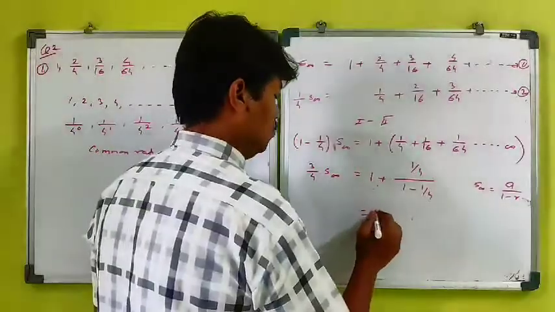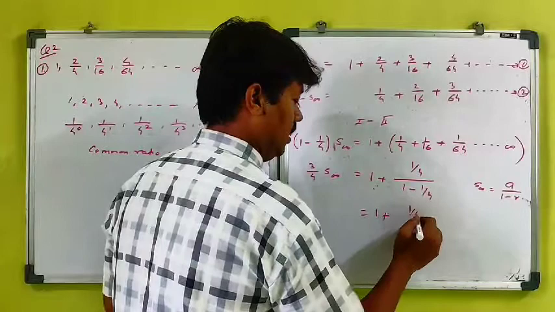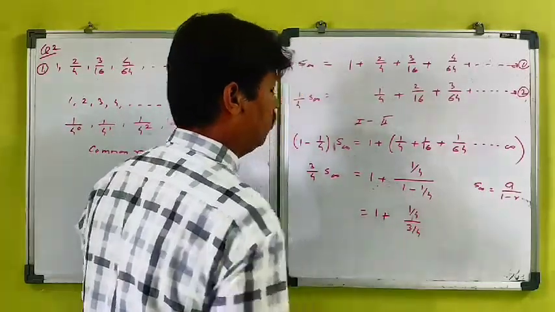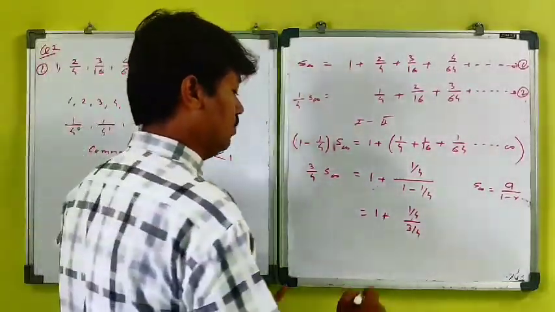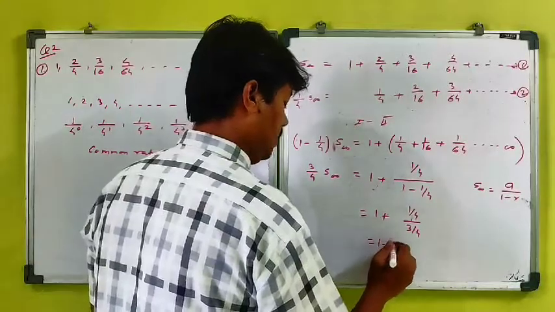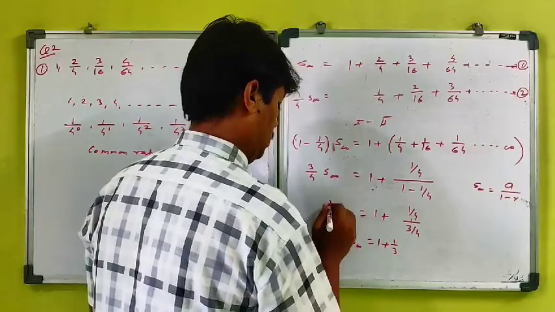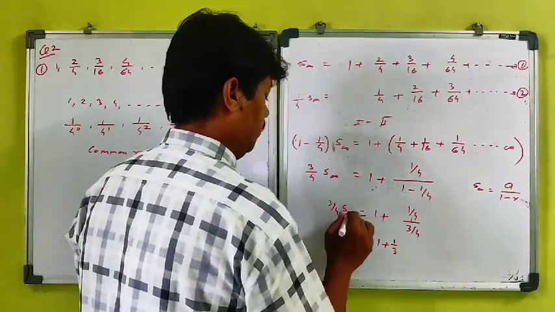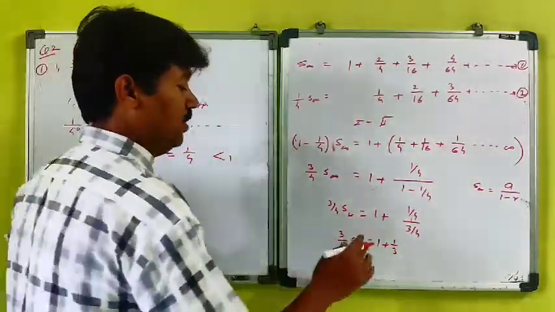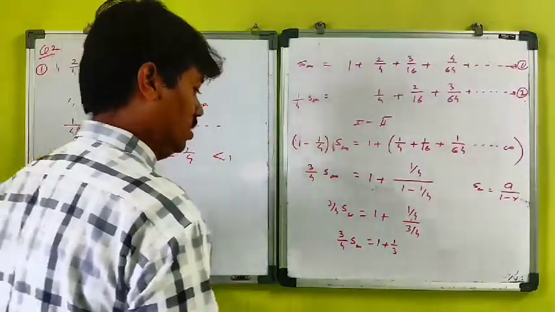So here it is 1 plus 1 by 4 upon 3 by 4. The 4 cancels, so it is 1 upon 3. 1 plus 1 upon 3, that is 3 plus 1, that becomes 4 upon 3.